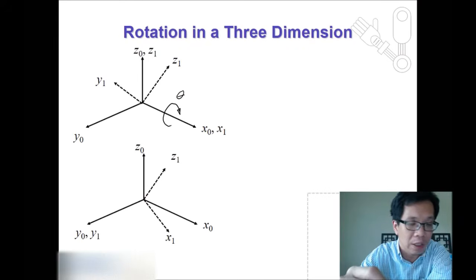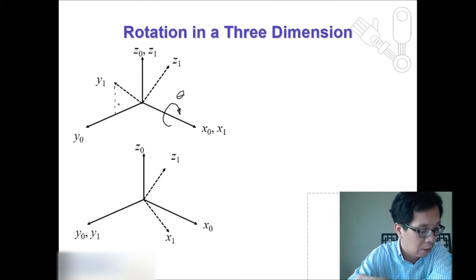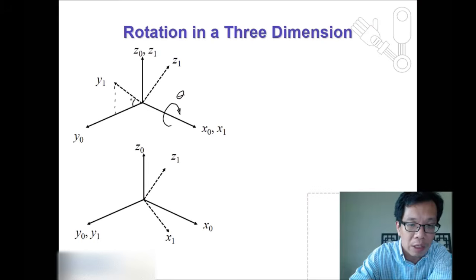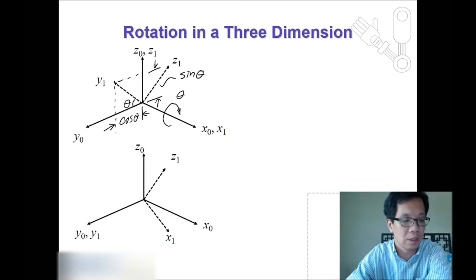So when you look at this diagram over here, you are talking about theta over here. So the distance between z-axis and this point over here is going to be cosine theta over here. This is going to be our sine theta.